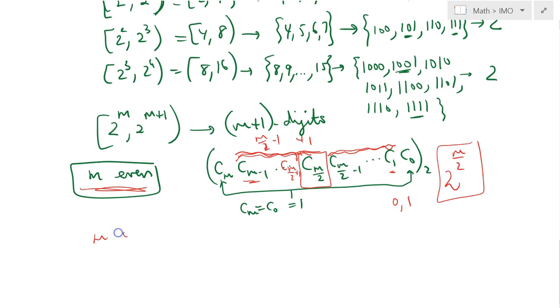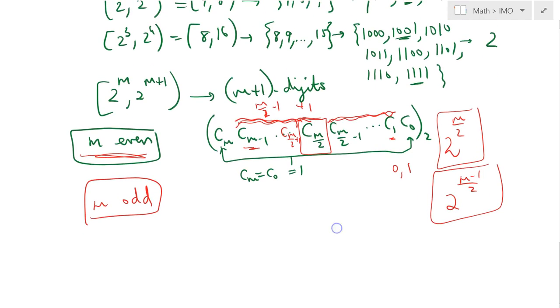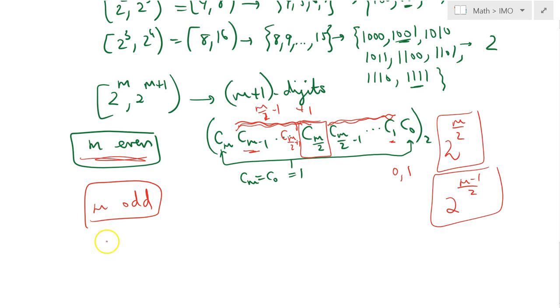In a similar way, when m is odd, it's not difficult again to realize that there will exist 2 to the m minus 1 over 2 palindromes. So therefore, because we have 11 digits, the palindromes smaller than, so obviously 1988 is less than 2048, which is 2 to the 11, which is simply a 12-digit binary number.